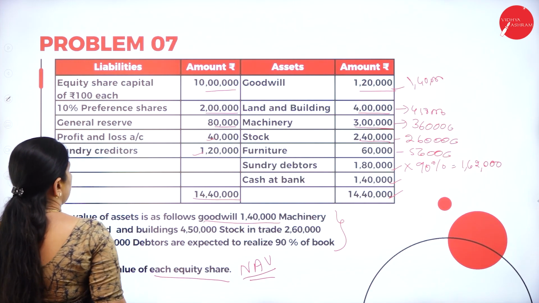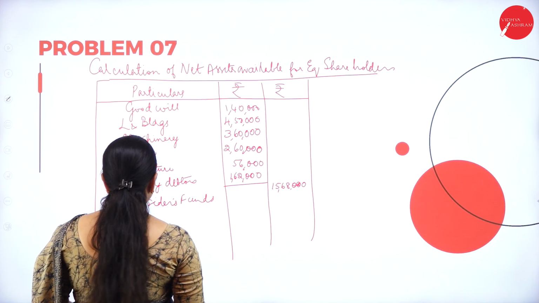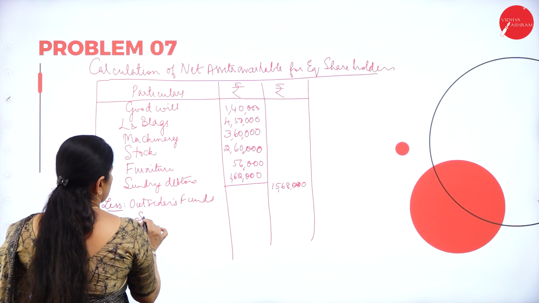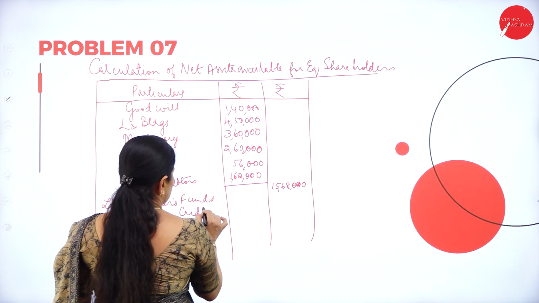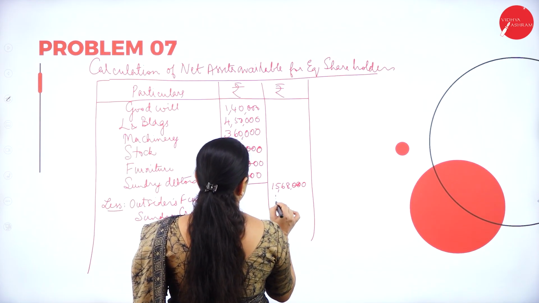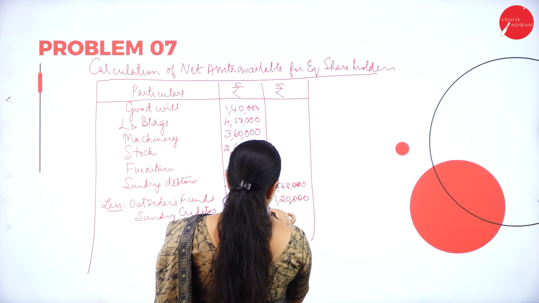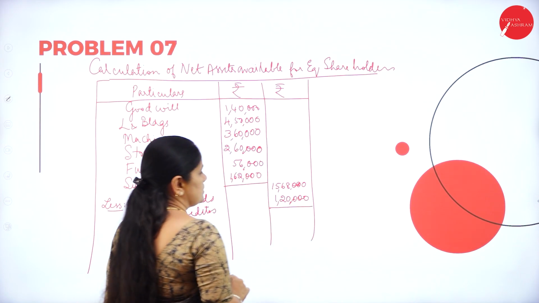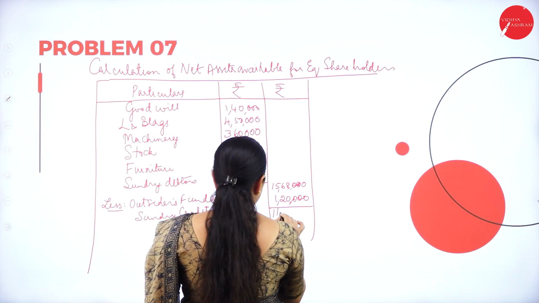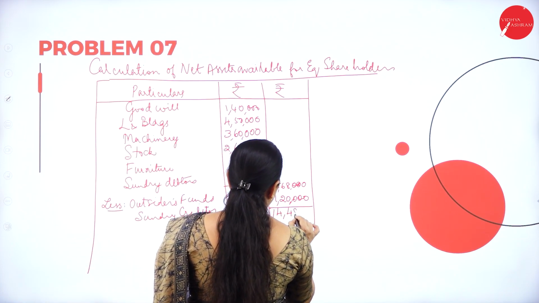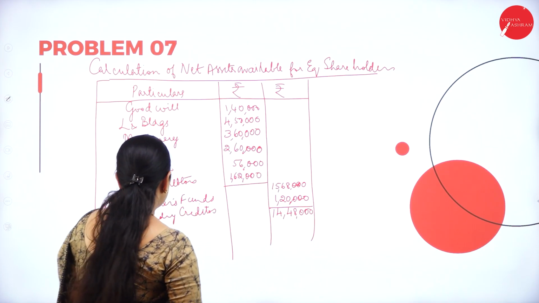Only sundry creditors is the liability. So, I will deduct the liability, less sundry creditors 1,20,000. So, when we deduct this, I get 14,48,000.